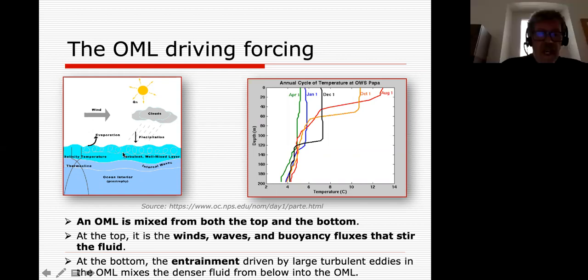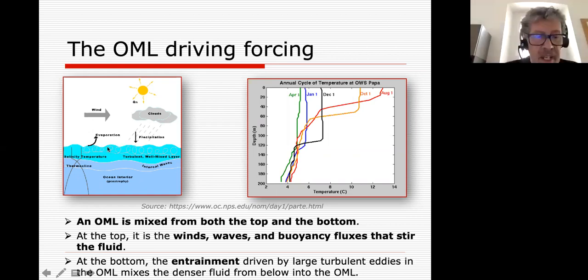We have, as I told you, an important input of turbulence due to the shear created by the wind stress at the surface. And also, you see here the waves, the waves can also contribute to that.